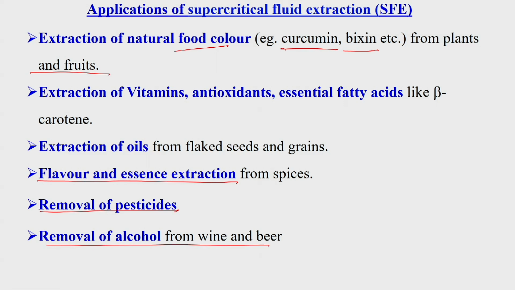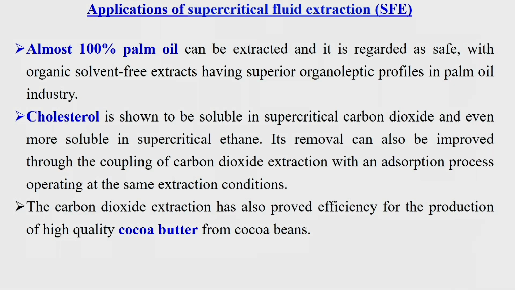So, there are so many examples of supercritical fluid extraction from solid material. Like this, almost 100% palm oil can be extracted and it is regarded as safe, with organic solvent free extracts having superior organoleptic profiles in the palm oil industry.